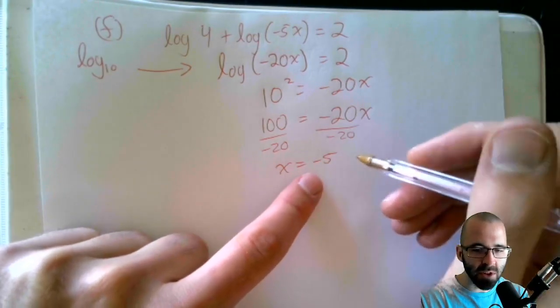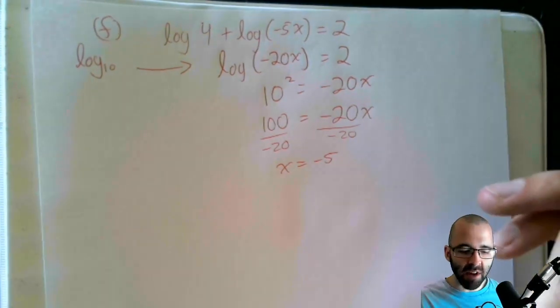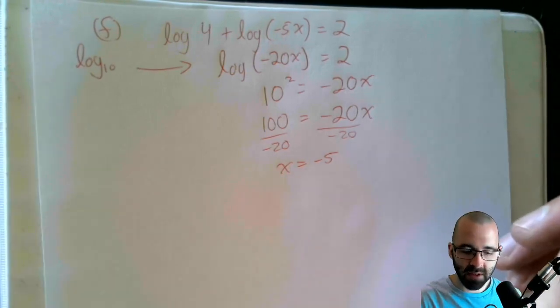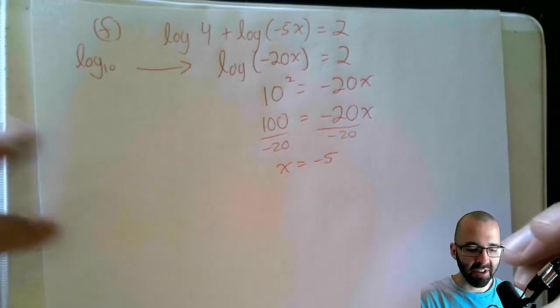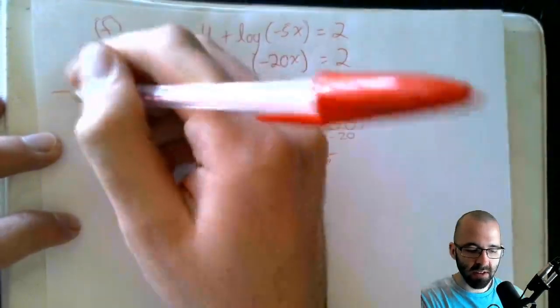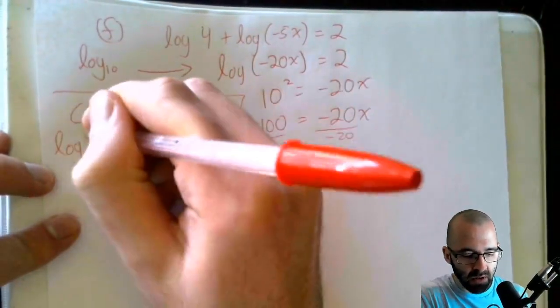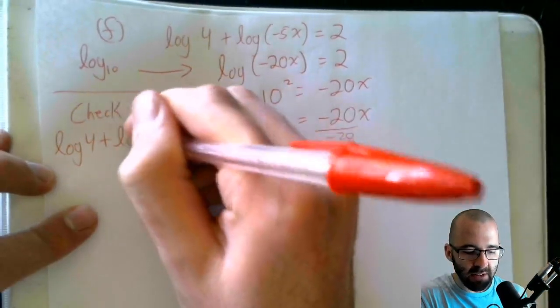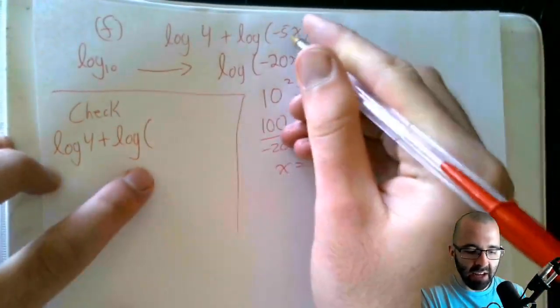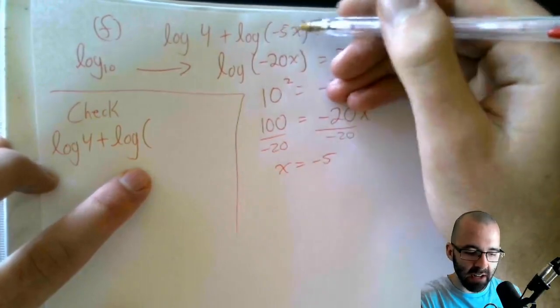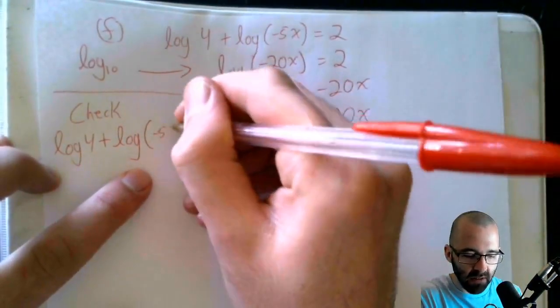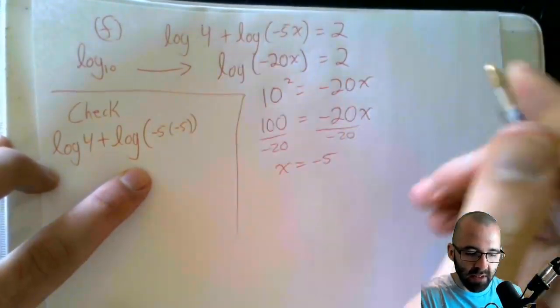Negative numbers are no good for logs. We can't take the log of a negative number. Let's slow down. Let's check our answer, see if this is a real answer or not. Is the log of 4 plus the log of negative 5 times negative 5 equal to 2?